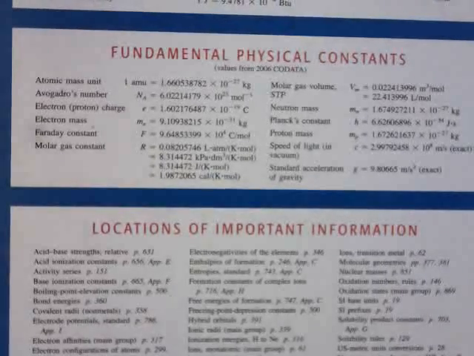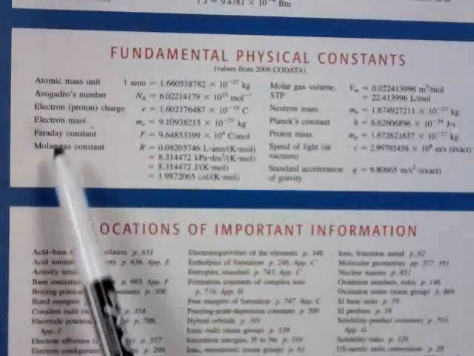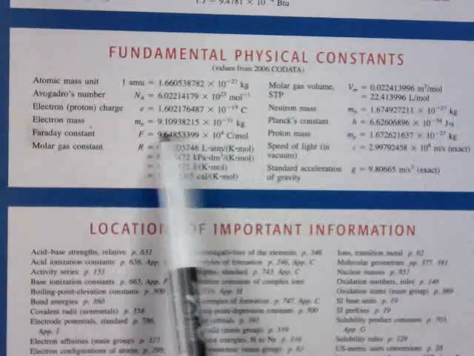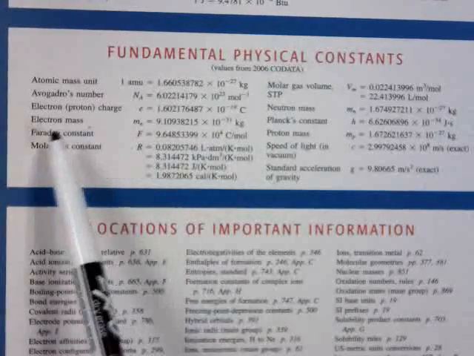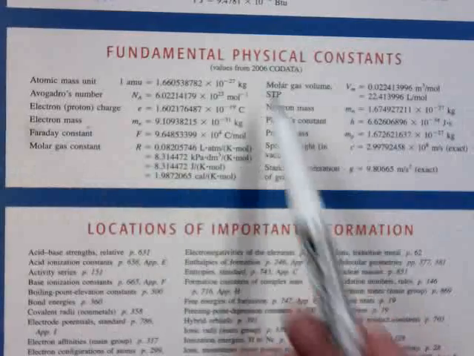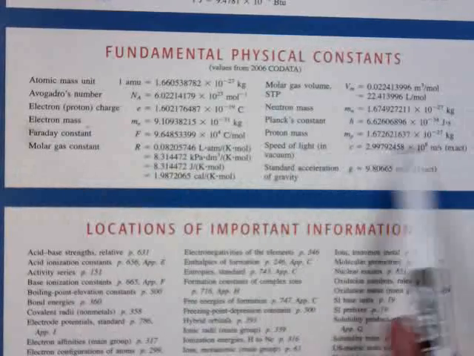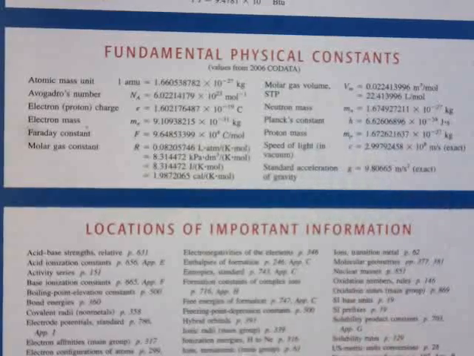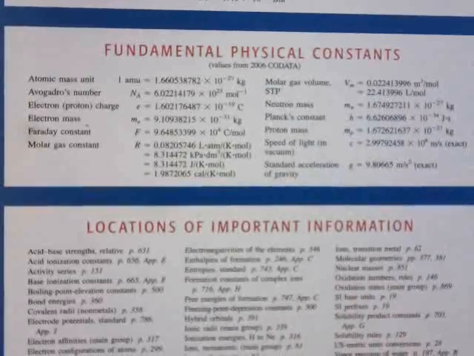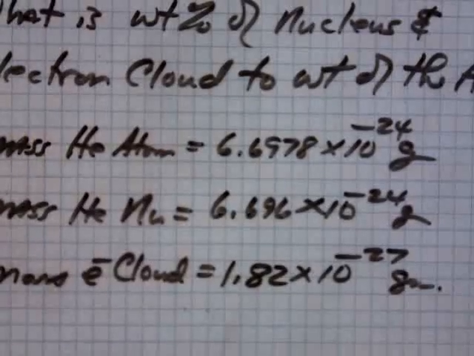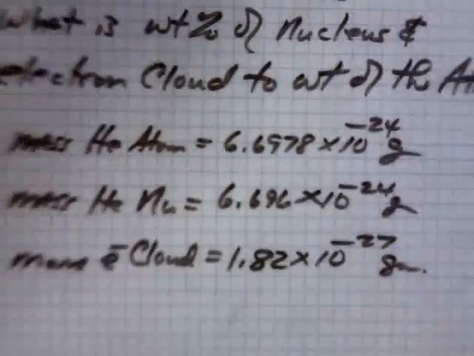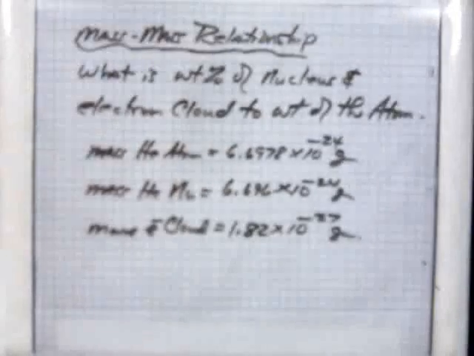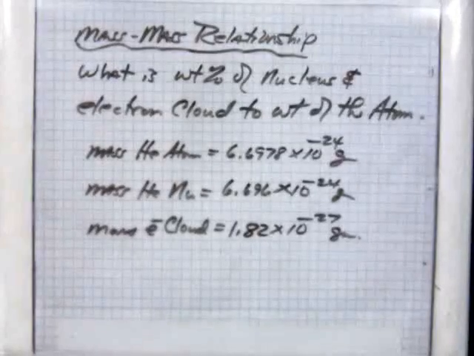And so you see electron mass, 2 times that, and your proton mass should be in here somewhere. Proton mass here, so you've got 2 protons, and you should have a neutron mass in here, and it shows 2 times that. They add them all up, and they come up with those numbers. And so just to give you an insight into where those come from.